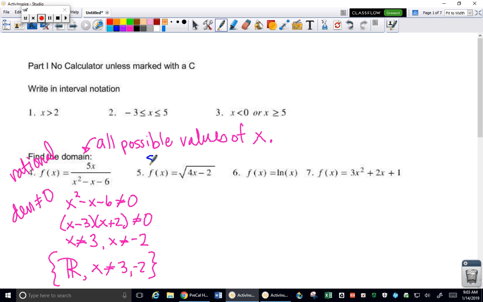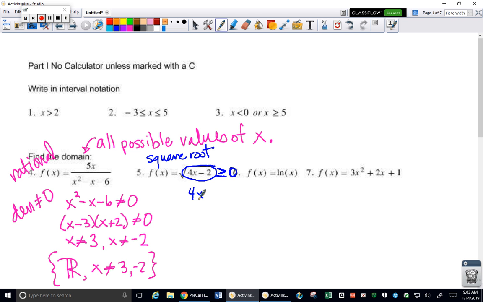This next one is a square root function. The square root function has the fact that this cannot be negative, so it must be greater than or equal to 0. And this is the algebra that you use to solve it.